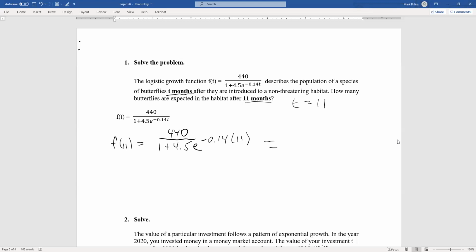So in your calculator, you're going to enter the 440 over 1 plus 4.5 e raised to the negative 0.14 times 11. And that gives you 223.951.